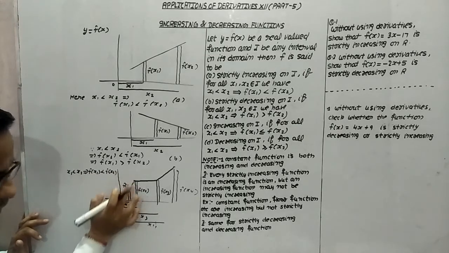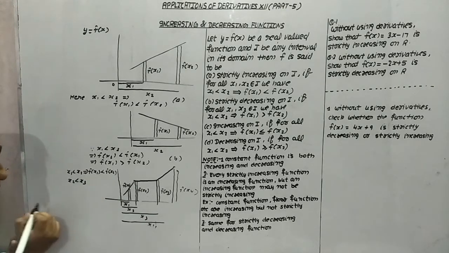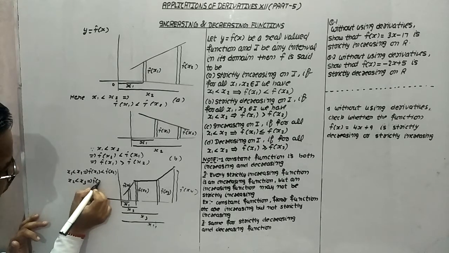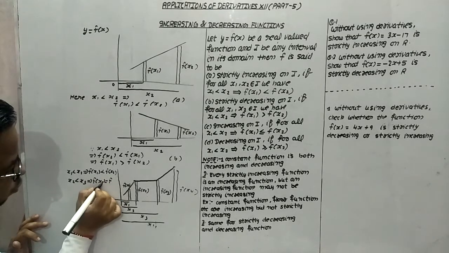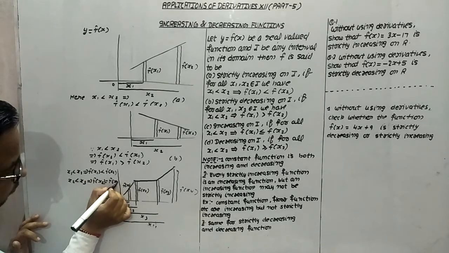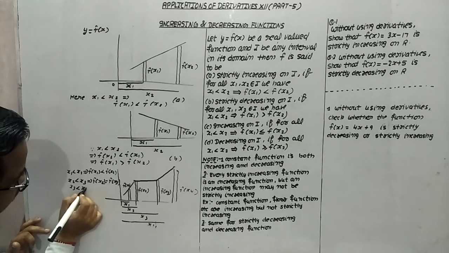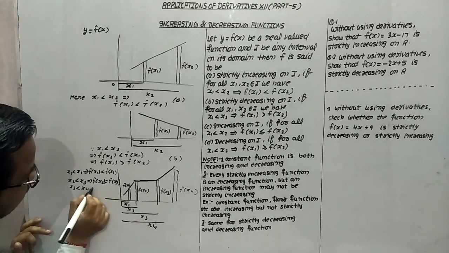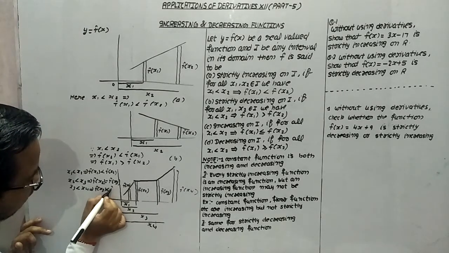Now in this part we have x2 < x3, which implies that f(x2) = f(x3). Also here x3 < x4 implies that f(x3) < f(x4).